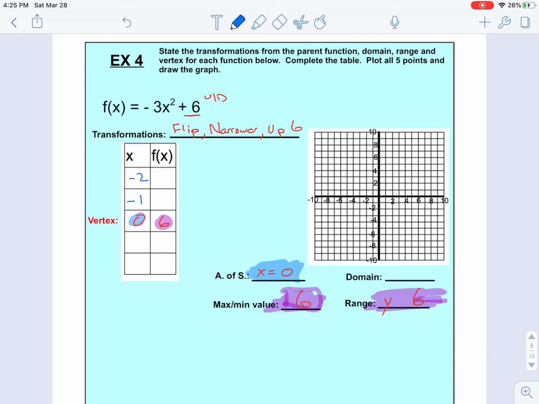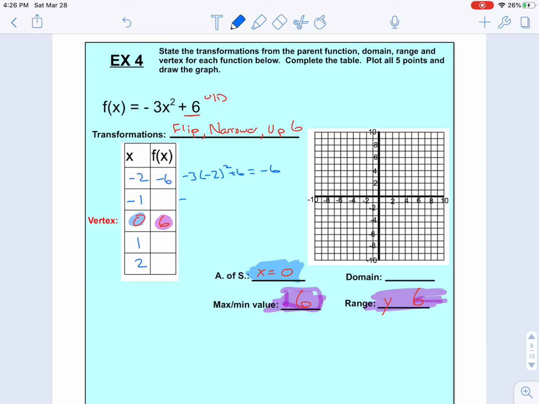All right. What numbers am I going to pick? Well, I'm going to pick -1 and -2 and 1 and 2. Let's plug in. -3 times -2 squared plus 6 is equal to -2 squared is 4 times -3 is -12 plus 6 is -6. Remember to use GEMDAS.